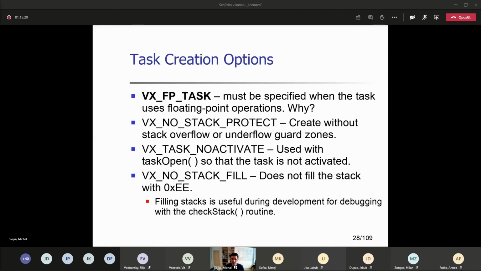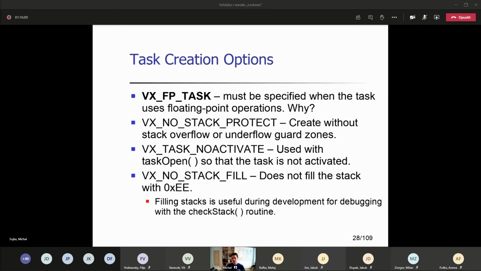And whenever the new task executes floating point instructions, there is an exception. The operating system handles the exception, saves the floating point registers of the old task, and restores the floating point registers of the new task. This works behind the scenes, automatically, but only when it is necessary.